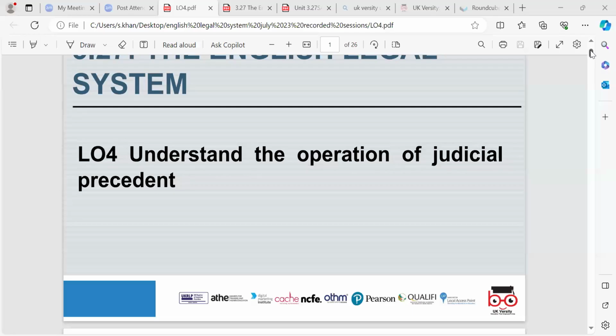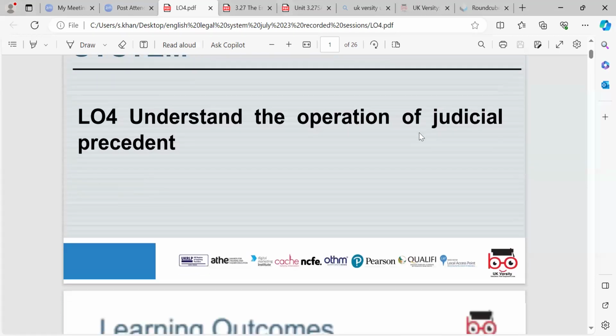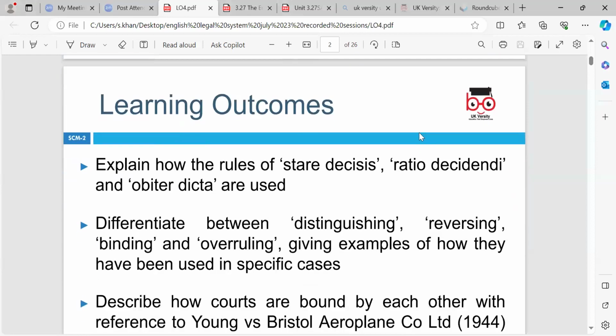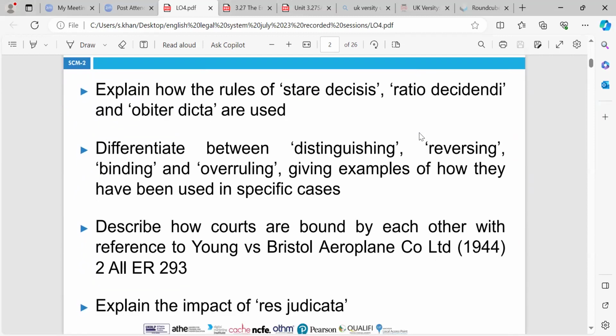So now the final learning outcome, which I'm going to quickly go through before we go to the assignment session, is Learning Outcome 4, which is to understand the operation of judicial precedent and the importance of this in making a decision in a case. So the learning outcome here is to explain how the rules of stare decisis, ratio decidendi, and obiter dicta are used.